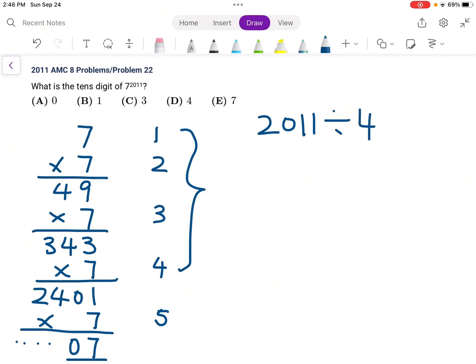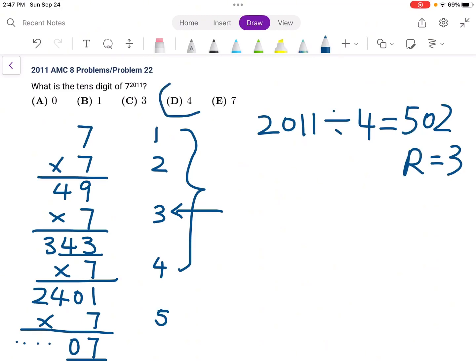It equals 502, and the remainder is 3. Therefore, the pattern should be the same as when it's 7 to the power of 3. So the last two digits should be 43, and the 10th digit should be 4. The answer is D.